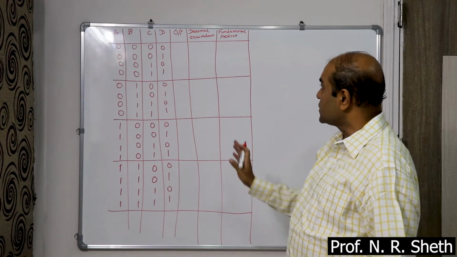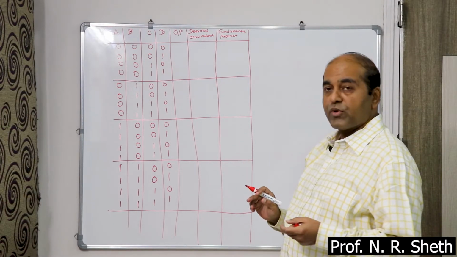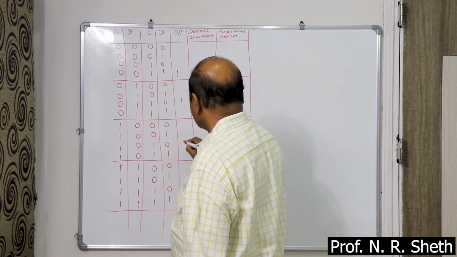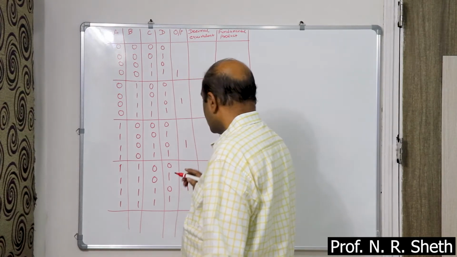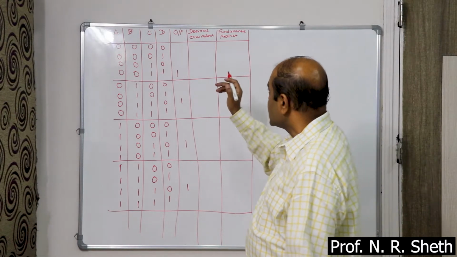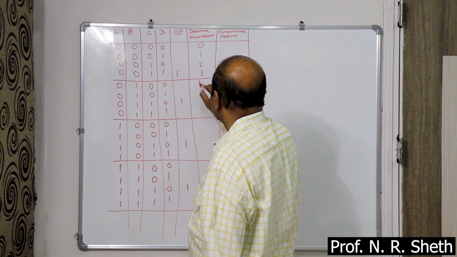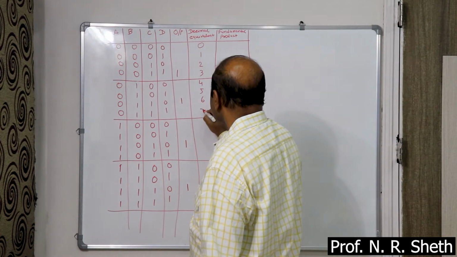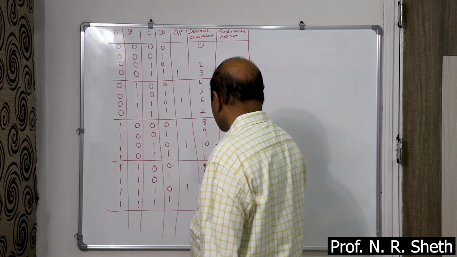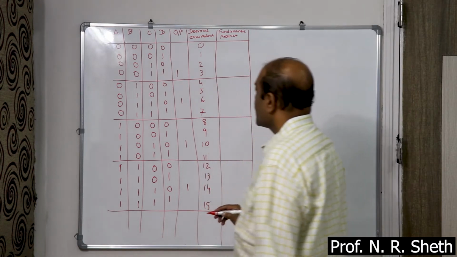Now, this is your truth table in a sequential order. Now, output is high for few cases, for example. For the rest, it is 0. Decimal equivalent 0, 1, 2, 3, 4, 5, 6, 7, 8, 9, 10, 11, 12, 13, 14 and 15.